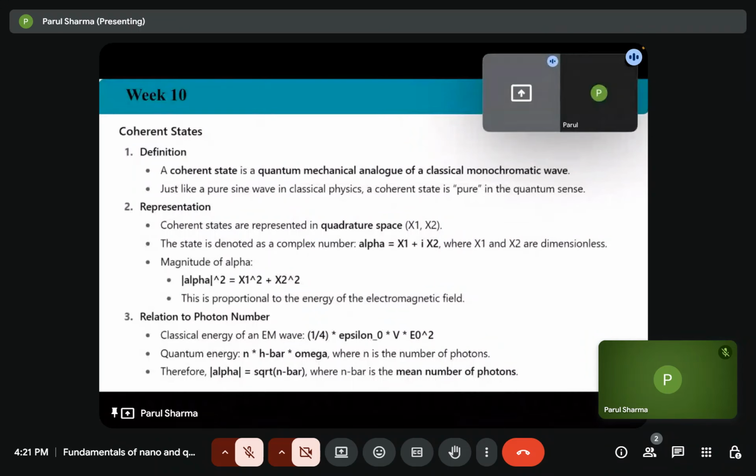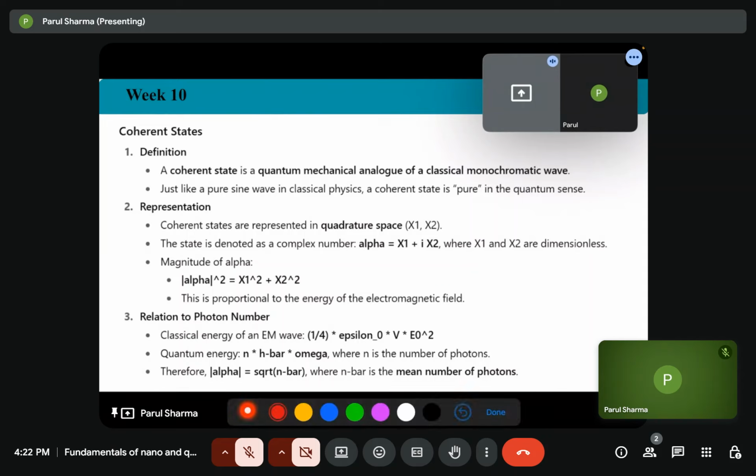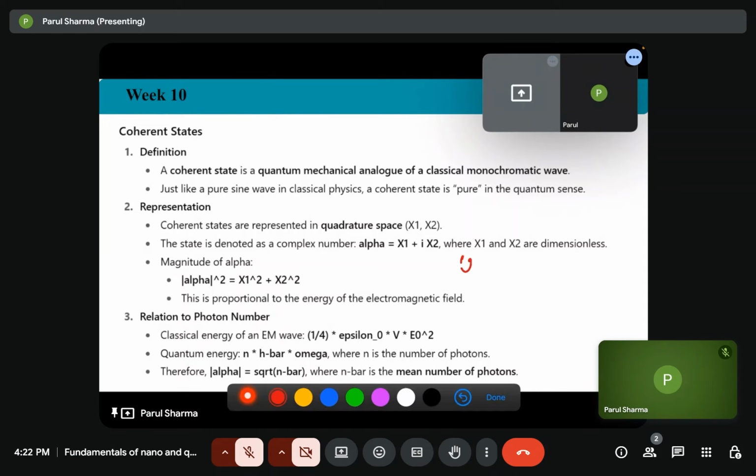That is, what does the magnitude of the coherent state mean? Classically, the classical energy is 1 by 4 epsilon naught, e naught square, which is equal, in terms of the phasor, to h cross omega.